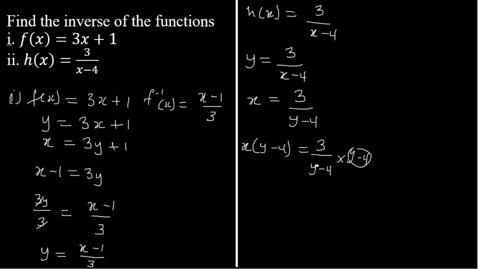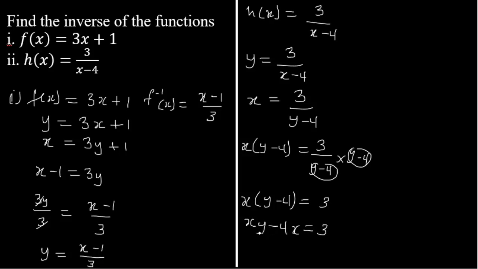This will cancel out this. So we have x multiplying y minus 4 equal to 3. We need to do expansion here by multiplying through by x. So x times y gives us xy, then x times negative 4 gives us negative 4x, equal to 3.